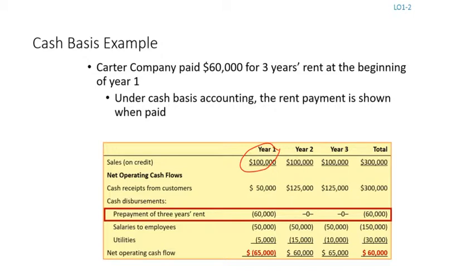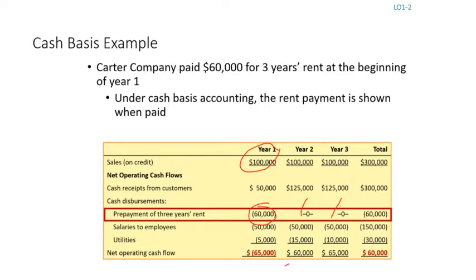For cash disbursement, the prepayment covers 3 years; we paid 60,000 cash in year 1, and that is why under the cash basis we have recorded this 60,000 as an expense in year 1, not in years 2 and 3, because in years 2 and 3 we did not pay any cash.